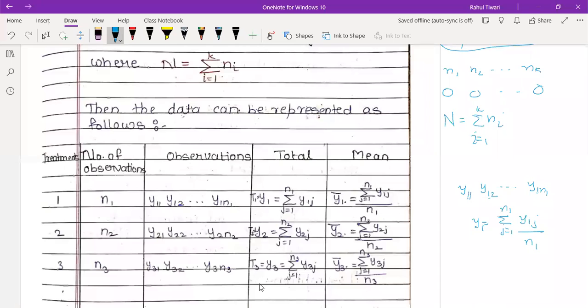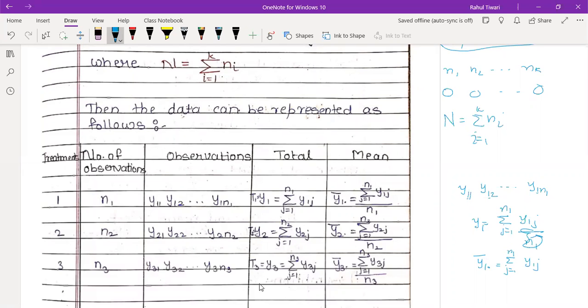The total is y1, but if I am interested in the mean, y1 dot becomes the summation of y1j upon n1, j from 1 to n1.